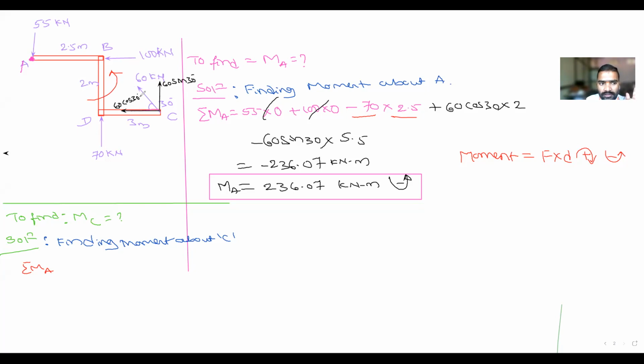When this is acting, is the entire body rotating in the clockwise or anti-clockwise direction? Clockwise. That's why I have written plus 60 cos 30 as the force. Then the perpendicular distance: when it is a horizontal force like this, what is the distance between A and the line of action of the force? It is 2 meter. That's why I have written 2 meter here.